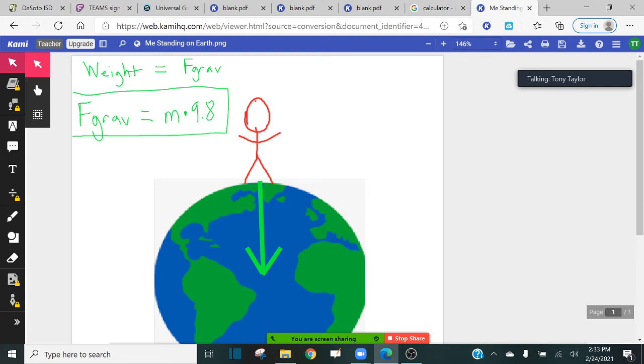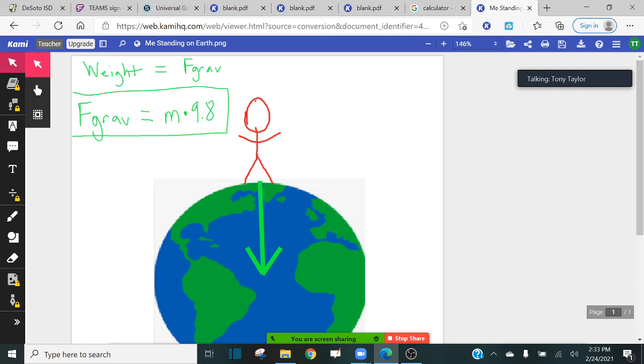Mass just means the amount of stuff that makes me who I am. So, for example, if my mass is 75 kilograms here on Earth, then you can guarantee it's going to be 75 kilograms on Jupiter. It's going to be 75 kilograms on the moon. Mass stays constant. So that's the difference between weight and mass.